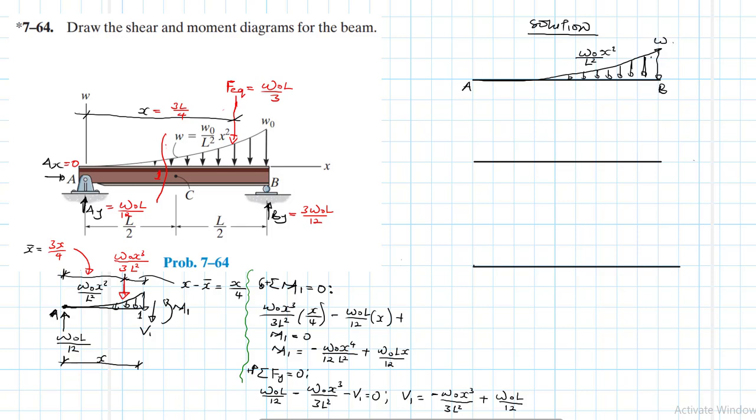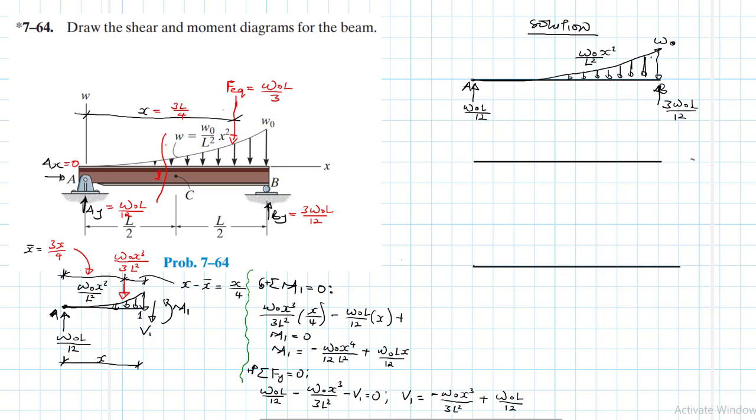Of course, there we have w naught as the maximum, and then at this point here we found our reaction at A equal to w naught L divided by 12, and then at B we found 3 w naught L divided by 12.